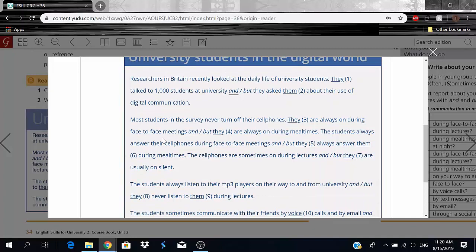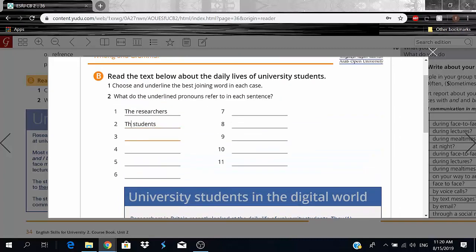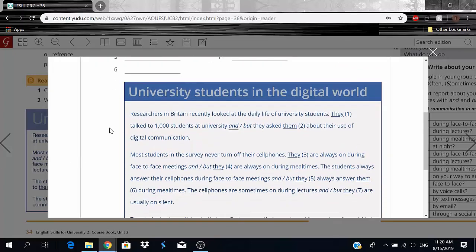Most students in the survey never turn off their cell phones. So they right here, the pronoun is referring to cell phones. So, I actually forgot to write that down here. So, the cell phones. Okay? Now, let's move on.